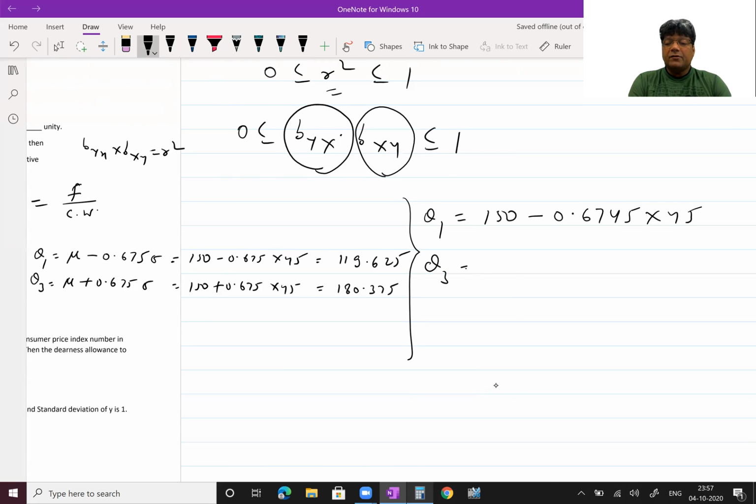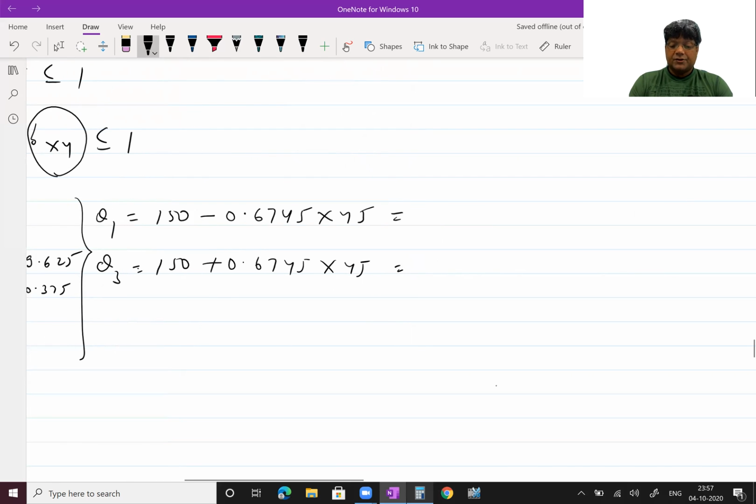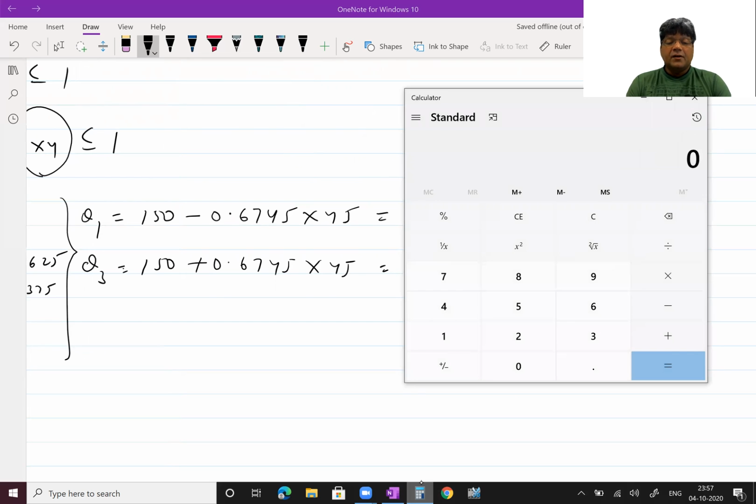And then Q3 will be 150 plus 0.6745 into 45. Now check. 45 into 0.6745 minus 150, minus sign removed, gives 119.6475.